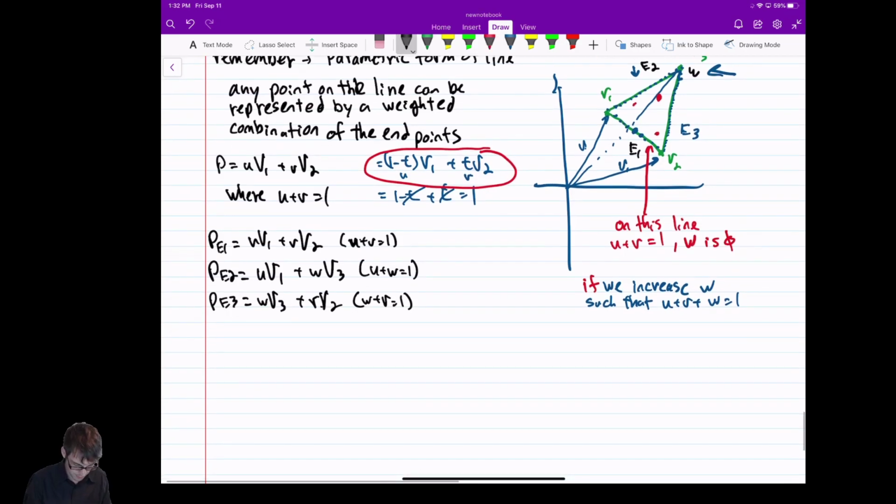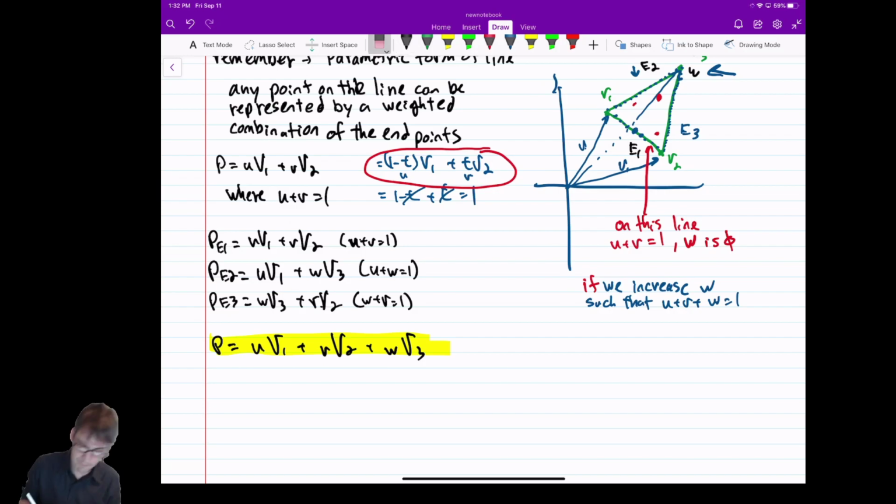And it turns out that I can get any point in that triangle this way with this general barycentric equation: u v1 plus v v2 plus w v3. And this is my general barycentric equation for points in the triangle. And all this tells me is that I can find any point P in this triangle here by taking a portion of v1 right there, a portion of v2 right there, and a portion of v3, and some combination of those.